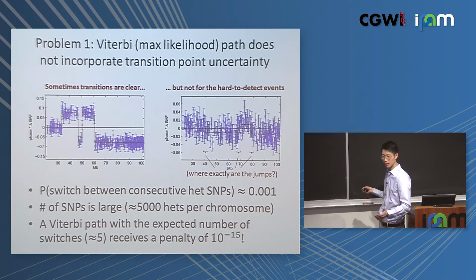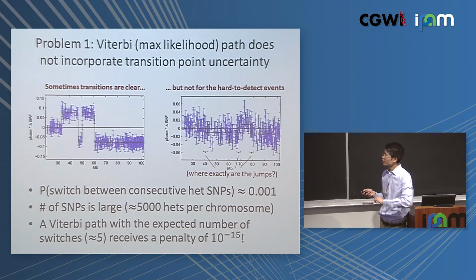However, you have a large number of SNPs, maybe 5,000 hets per chromosome, so you expect to see about 5 phase switch errors. For any path that goes through 5 phase switch errors, it's going to accumulate penalties of 0.001 each time. So you're going to get a probabilistic penalty of 10 to the minus 15 just for going through a typical number of phase switch errors. And that's kind of bad.